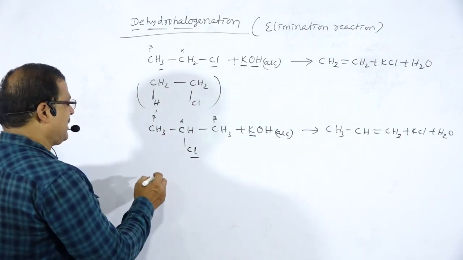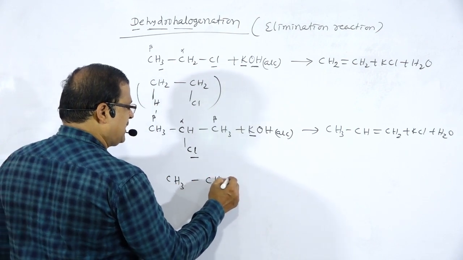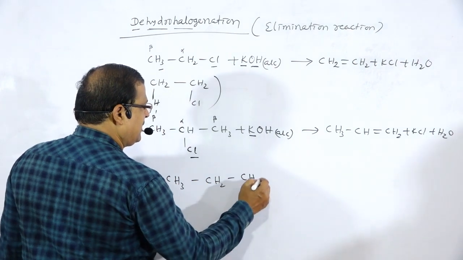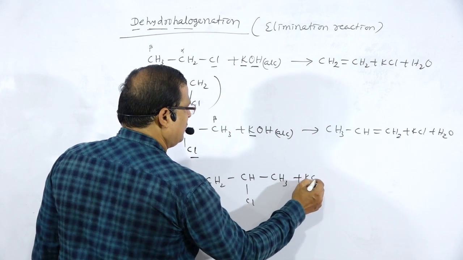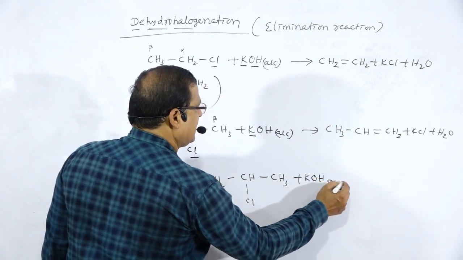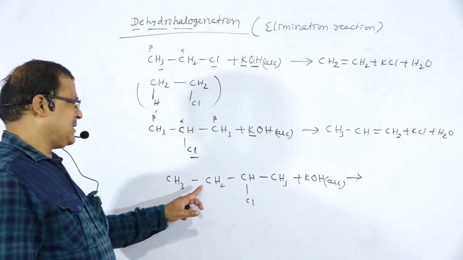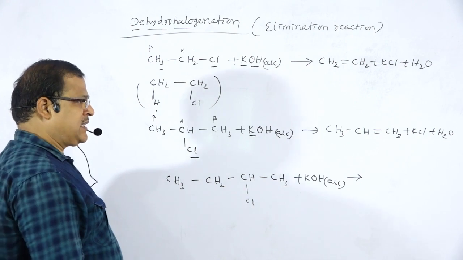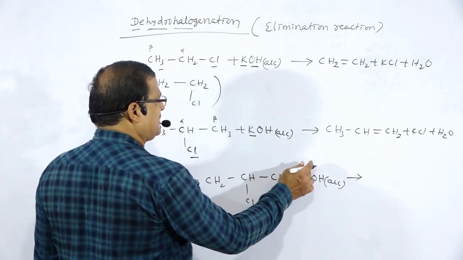But if we take this type of example, CH3-CH2-CHCl-CH3 plus alcoholic KOH, what will happen? In this case, there is a chance of formation of different kinds of products, K plus OH minus.